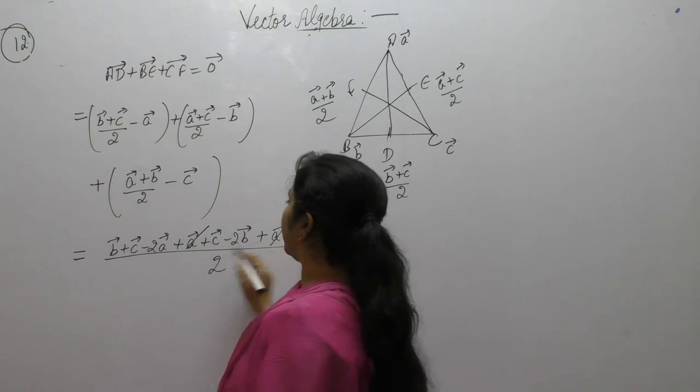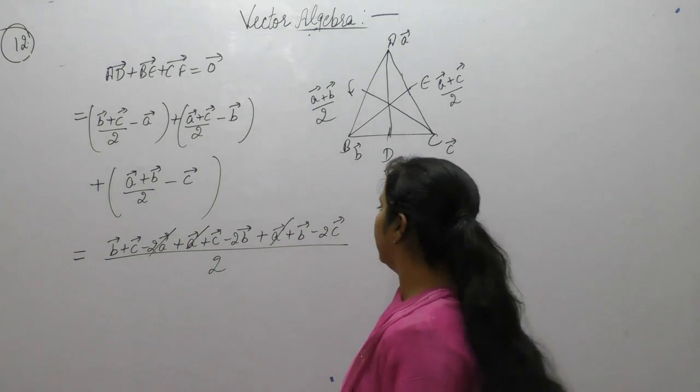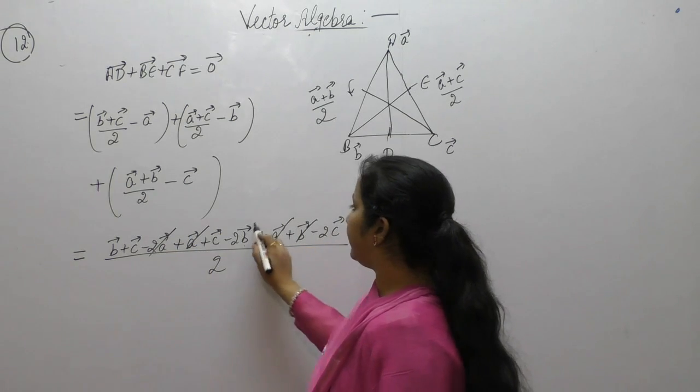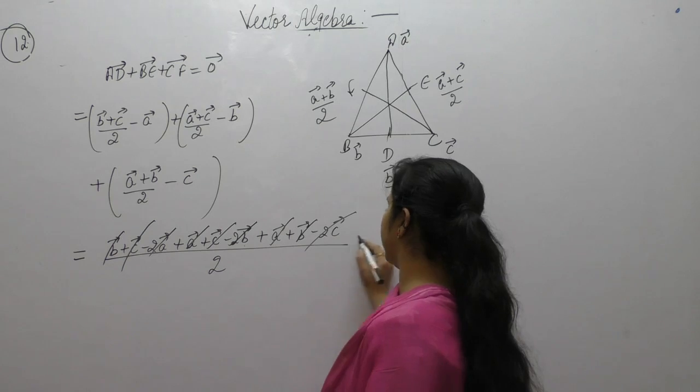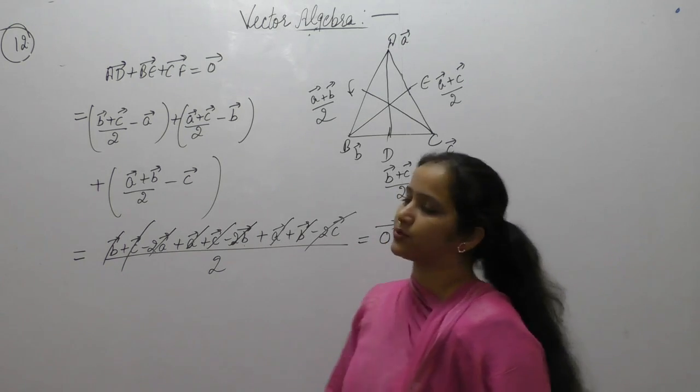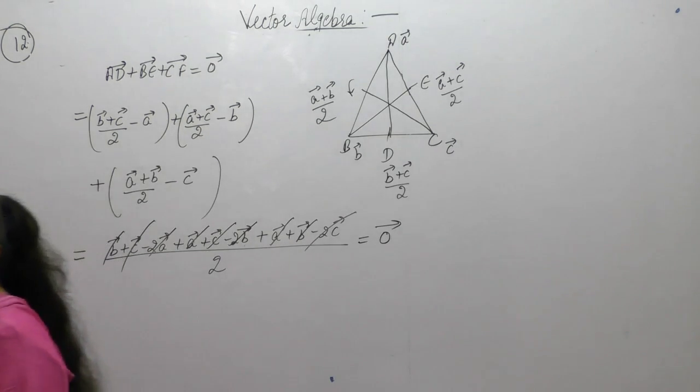A plus A, 2A and minus 2A, minus 2B plus B and plus B, C plus C and minus 2C. So that is equal to 0 vector.